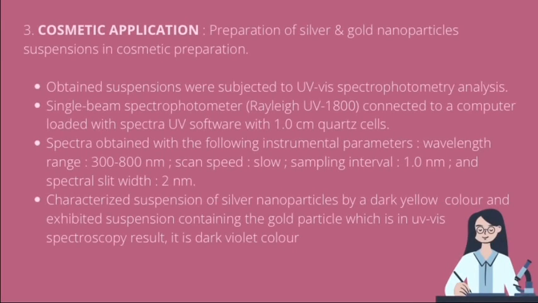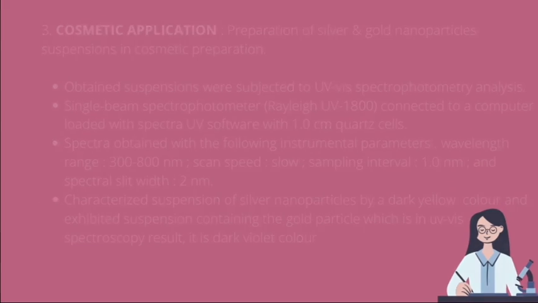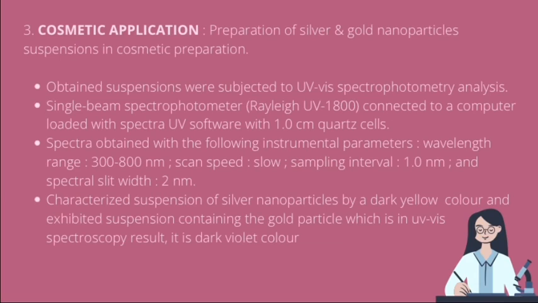Then in cosmetic application, which is preparation of silver and gold nanoparticles suspensions. The obtained suspensions were subject to UV-VIS spectrophotometry analysis. A single beam spectrophotometer connected to a computer loaded with Spectra UV software with 1.0 cm quartz cells was used.